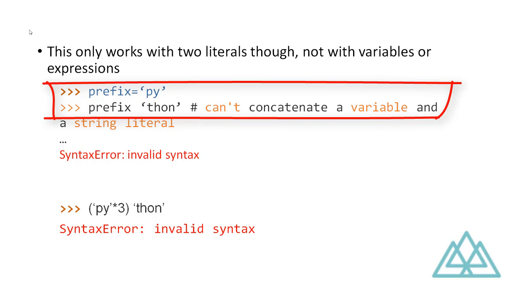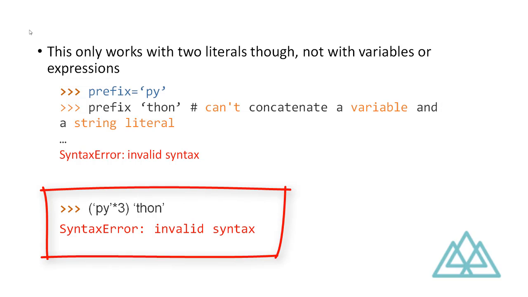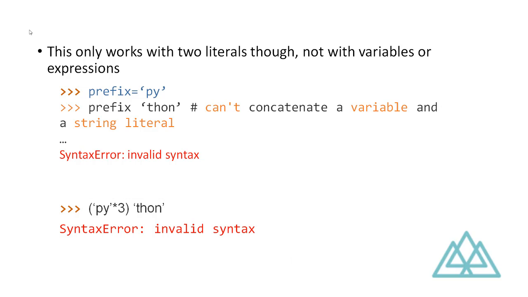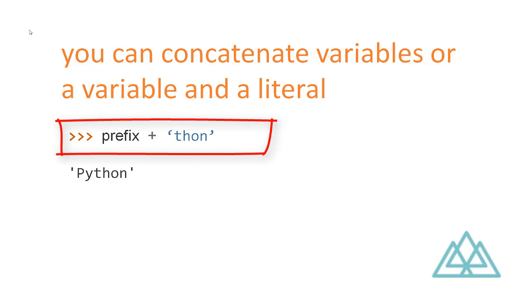And expressions are also not used in this concatenation, meaning for this concept only, not any others. If you write py times 3 and then thon, this will be an error, because an expression means any value evaluated after executing that code. So in this case also there will be an error. Only in this case your result is correct, but in this way, not with variables or expressions.